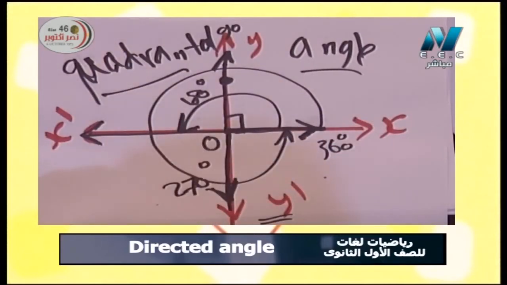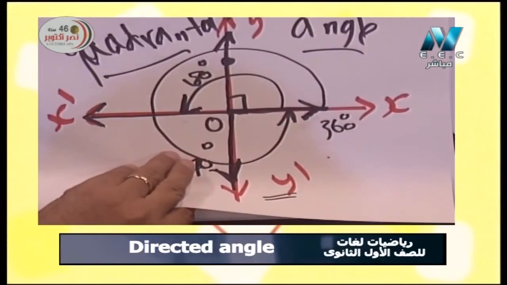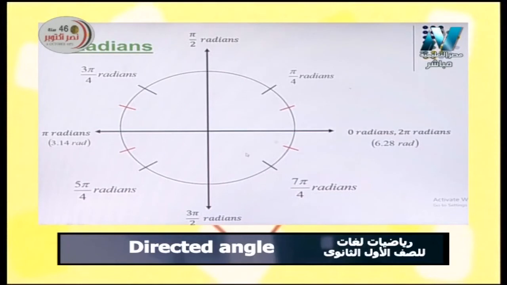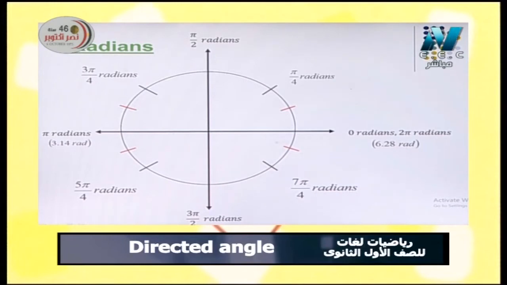So let's go to the next slide. Here we have angles: 0, 90, 180, 270, 360.